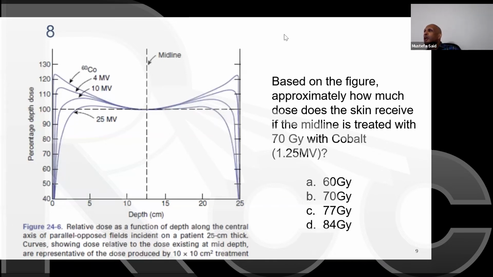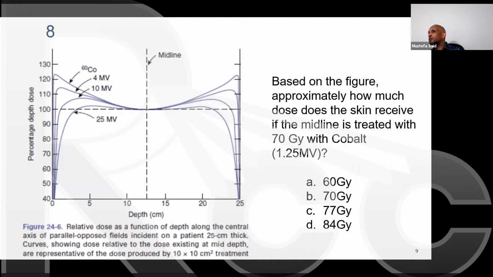So when you look at it, let me close this. The midline is getting 70, but it's asking for the skin dose. So with cobalt right here, look at the skin dose right here. It's 120. See, you have 100% right here. It's 120, which is 20% more.